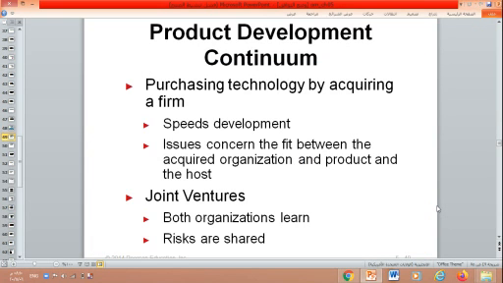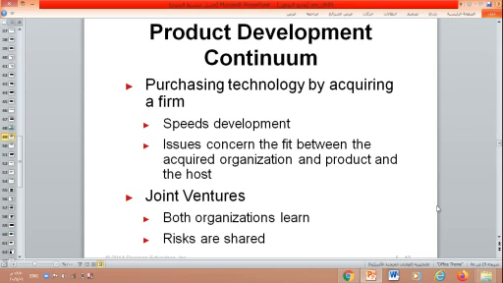Okay, طيب هنحكي هلقيت in more detail about the external development strategies, such as purchasing technology by acquiring a firm. لو إحنا محتاجين التكنولوجيا ممكن أقوم بعملية شراء الشركة اللي قامت بتصميم هذه التكنولوجيا بشكل كامل.